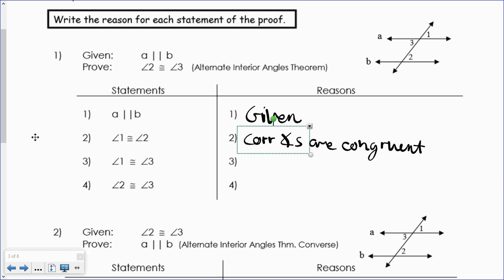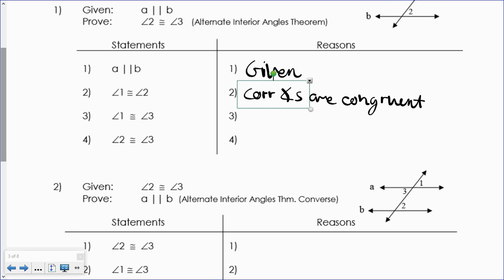Why would angle 1 be congruent to angle 3? Take a look at your pictures. They're vertical, right? Everybody agrees that vertical angles are congruent, yes? So what would I write down for the reason that angle 1 is congruent to angle 3? Angle 1 is vertical to... Oh, it's vertical angles. Exactly, vertical angles are congruent.